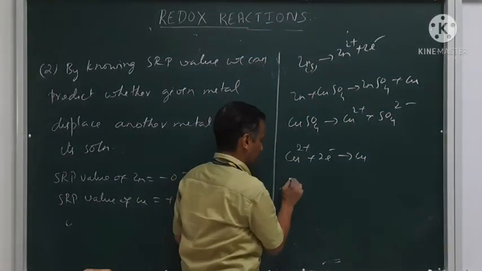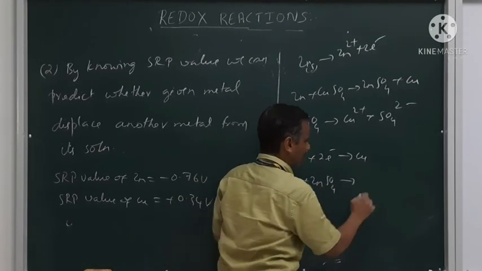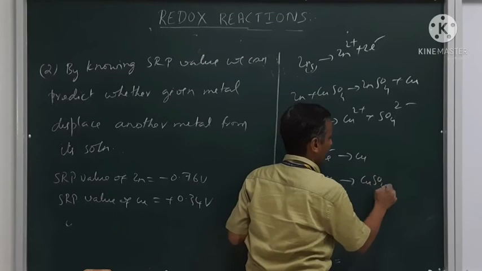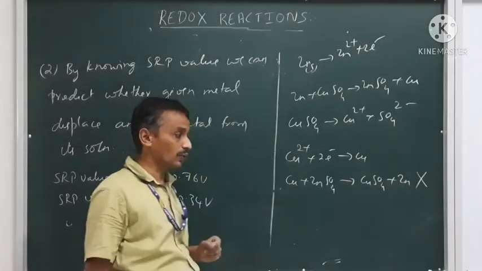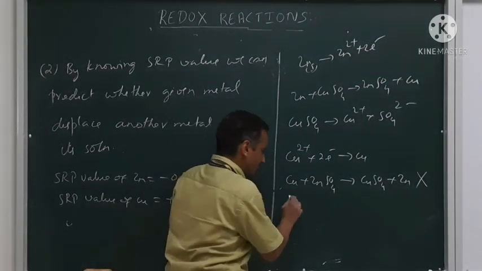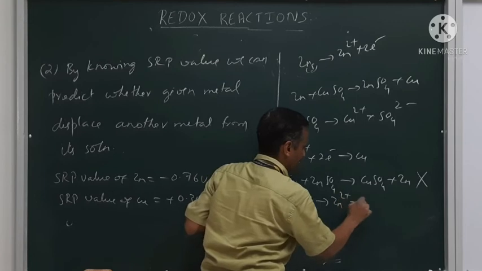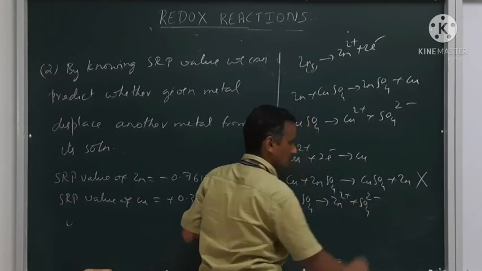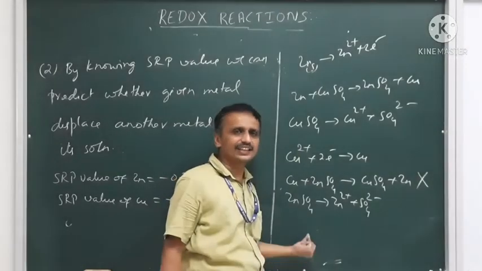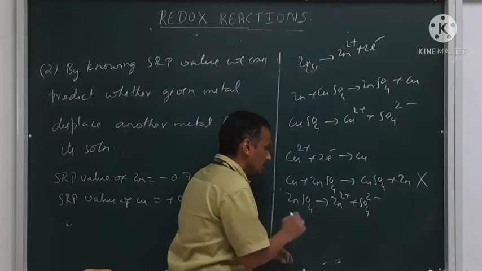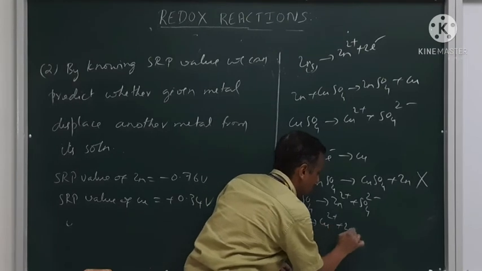Now see this reaction: copper plus zinc sulfate. Can it give copper sulfate and zinc? That is not possible. Why? Zinc sulfate is an electrolyte. It can give zinc 2 plus and sulfate 2 minus ions. But when copper and zinc are together, copper will not have this tendency.